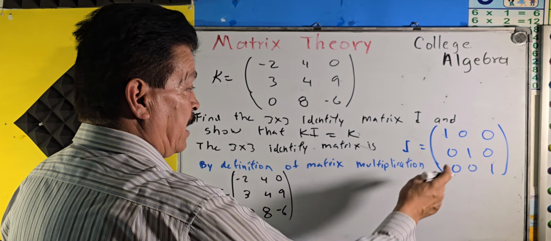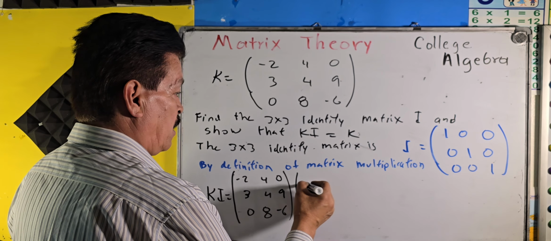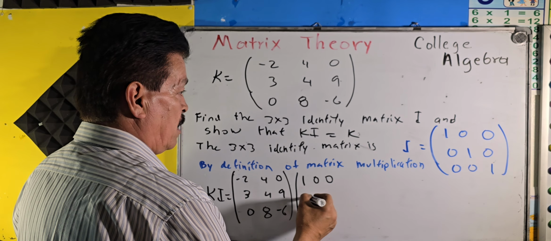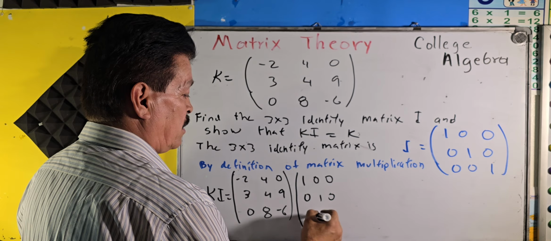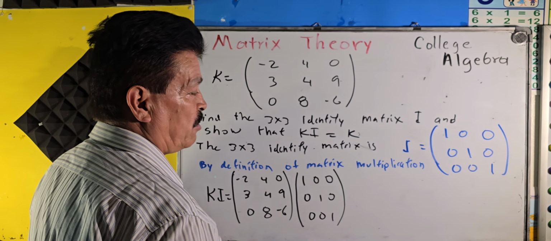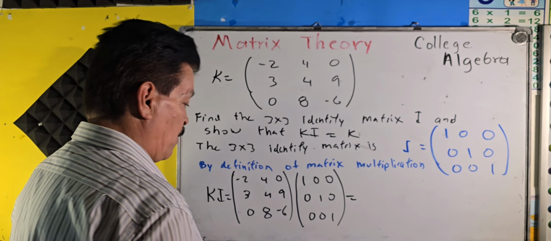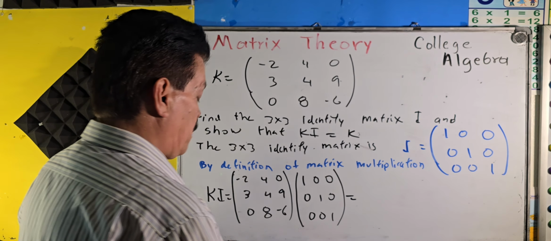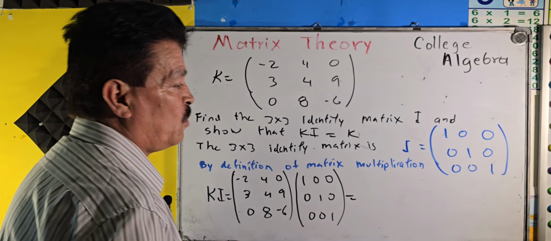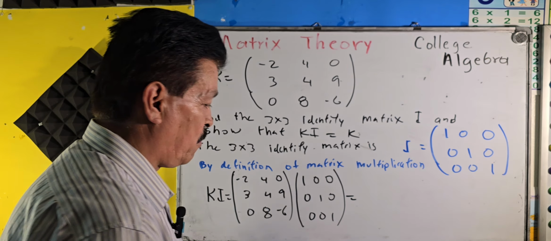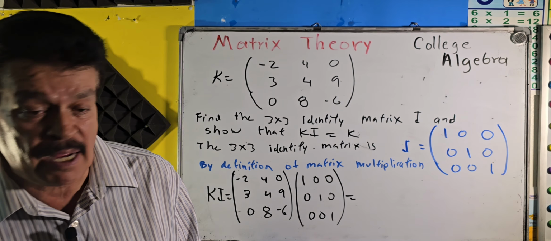Okay, so now the identity matrix is 1, 0, 0, then 0, 1, 0, and then 0, 0, 1. This is a 3 by 3 identity matrix. So when you multiply, you don't want to do the whole process. Right now, you know how to multiply matrices, okay?